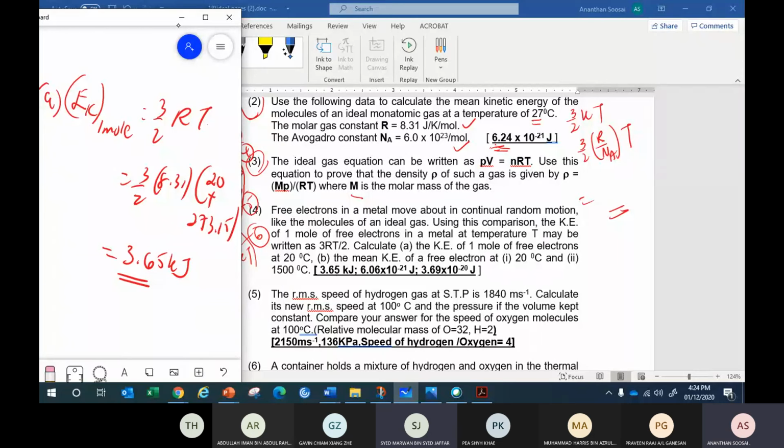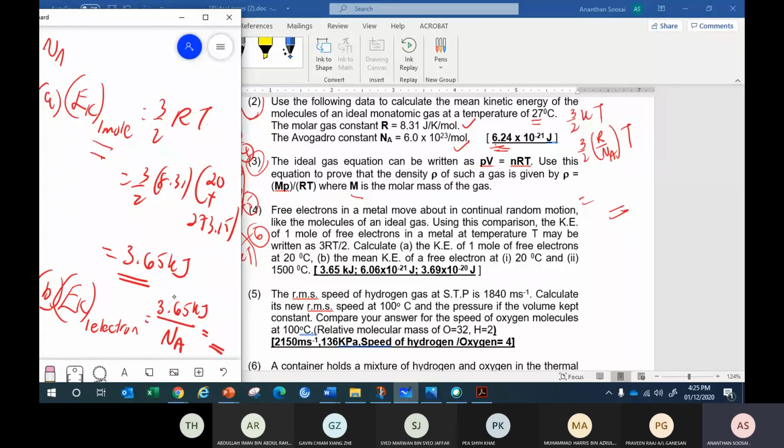Okay, now look at B. The mean kinetic energy of a free electron. Anybody can answer me? Kinetic energy for 1 electron. So 3.65 kilojoule divided by what? Avogadro constant, right? Because this is the kinetic energy for 1 mole, and 1 mole consists of Avogadro constant number of particles.